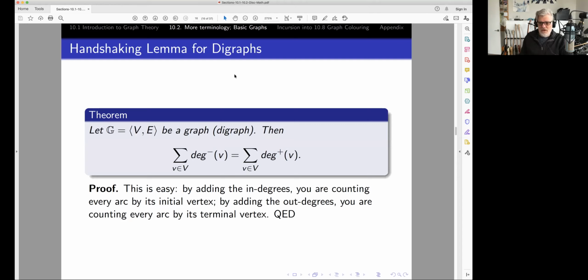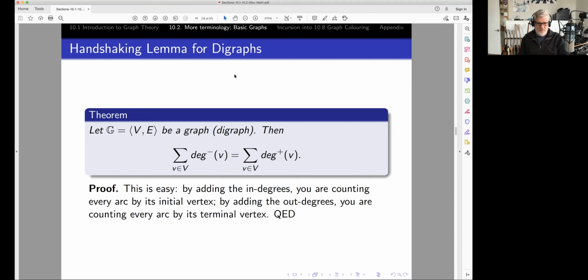That's sort of obvious, because whenever you're counting the in degree, you're counting the number of arcs going in, so each arc will get counted once. And same thing if you count the out degrees. So you're counting the arcs exactly once in each sum. So that's even easier.